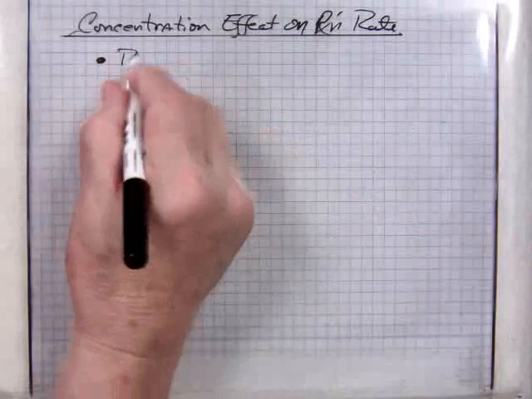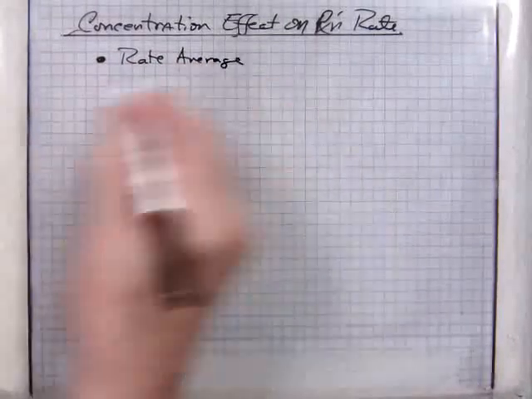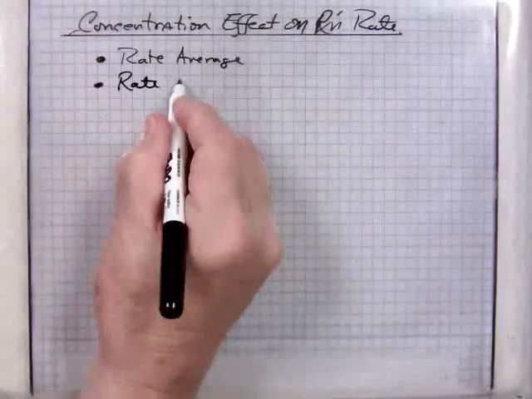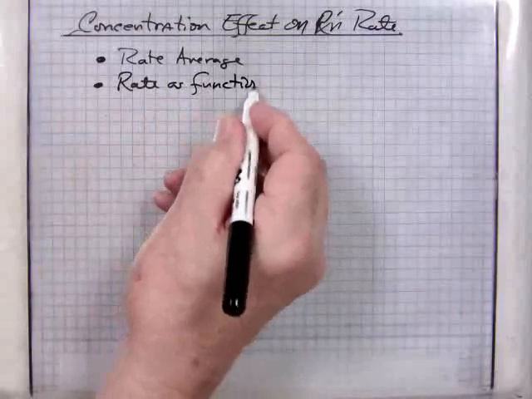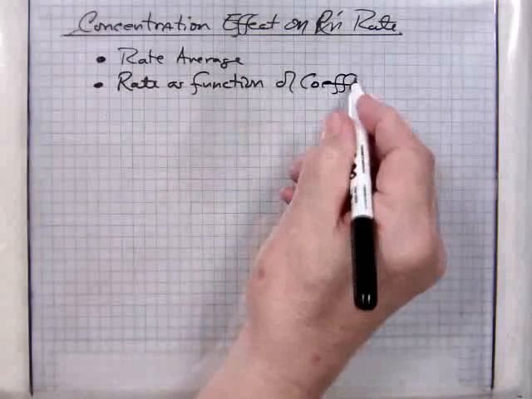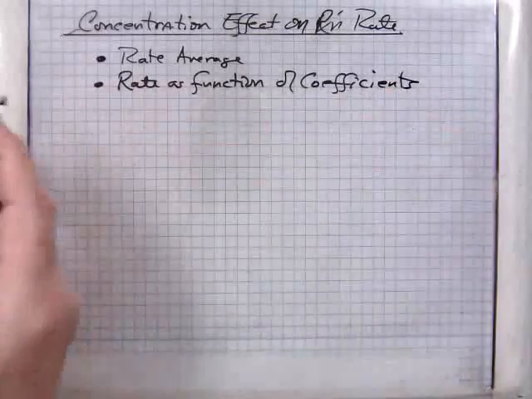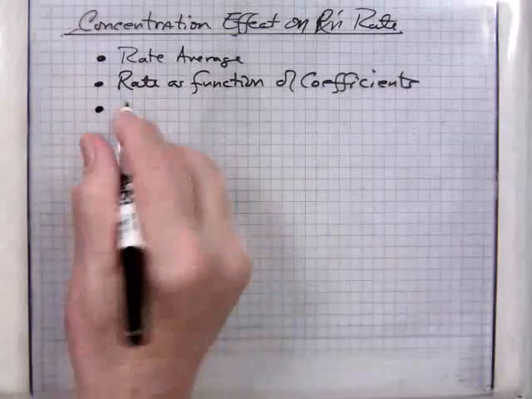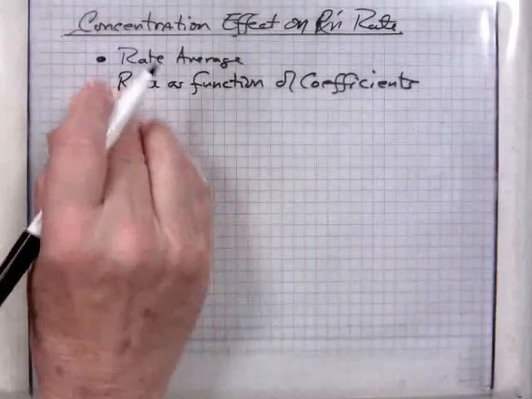rate averaging. And then we have rate as function of coefficients, and balanced standard equation, experimental rate laws, or just rate laws.